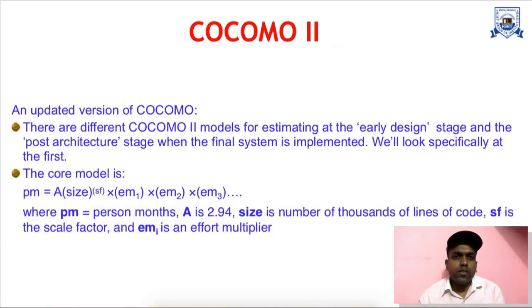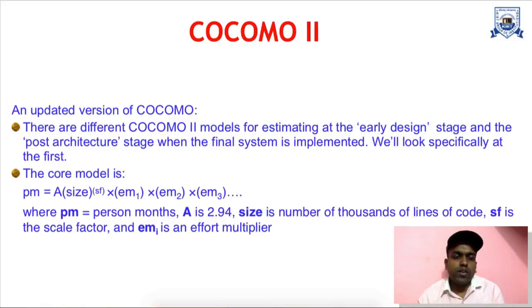As it is an updated version of COCOMO, there are various different COCOMO models for estimating from the early design stage to post design architecture, as we already saw. So the core model has this formula for the calculation of person month.